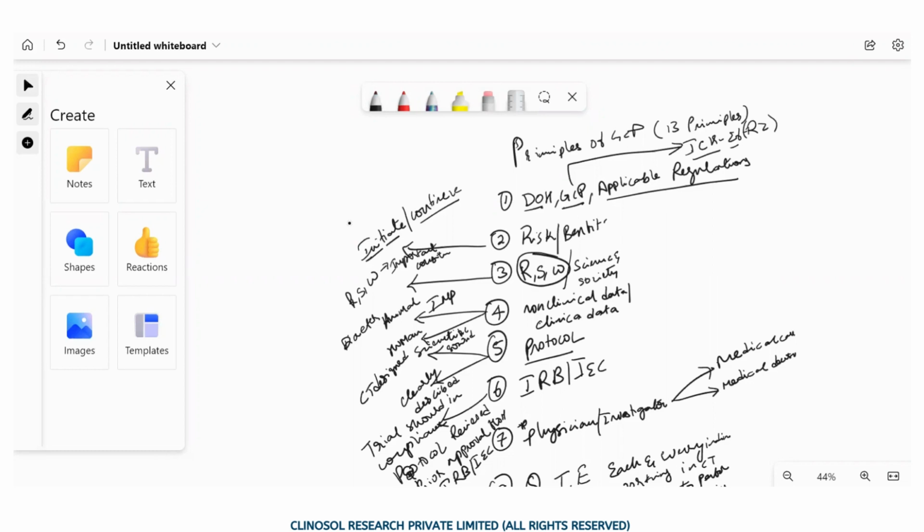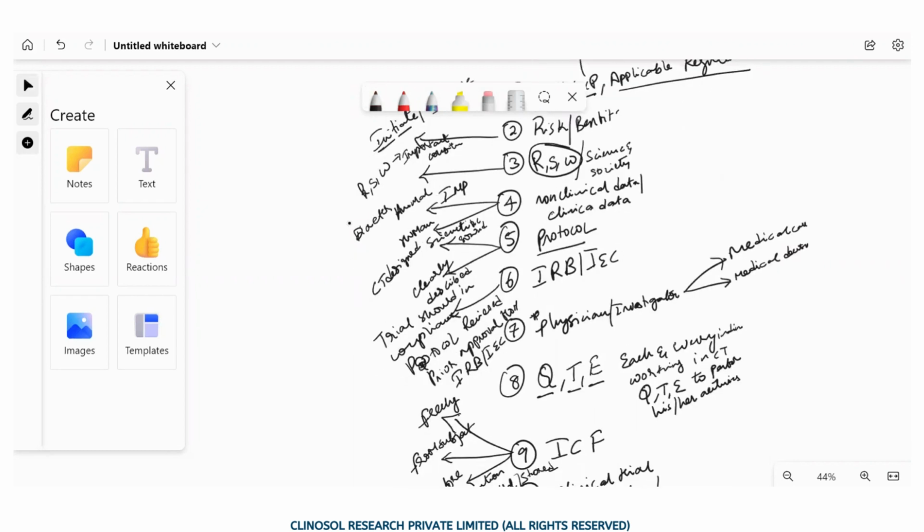The clinical trial should be scientifically sound and clearly described in a protocol. A trial should be conducted in compliance with the protocol, which has been previously reviewed and approved by the IRB and IEC. The medical care and medical decisions taken on behalf of the subjects are the primary responsibility of an appropriately qualified physician or dentist.